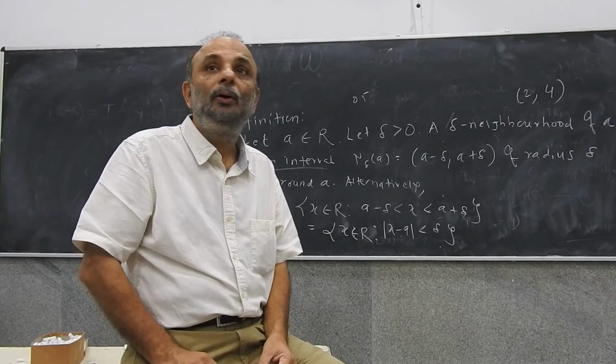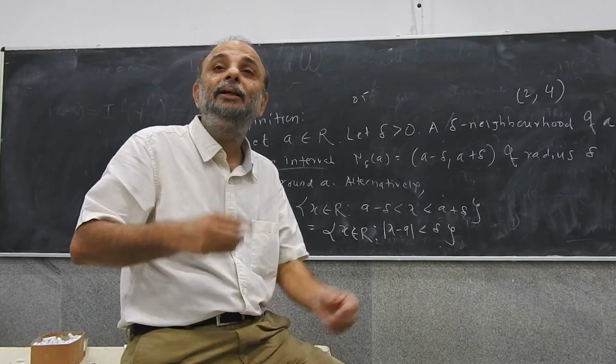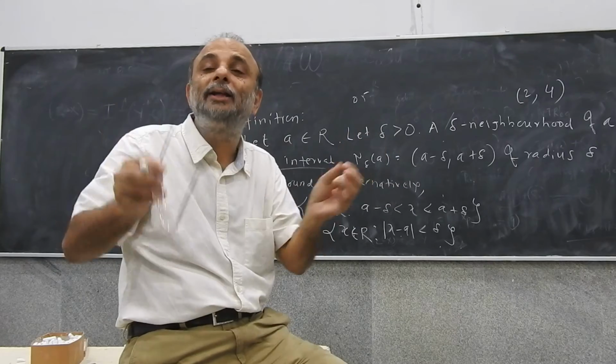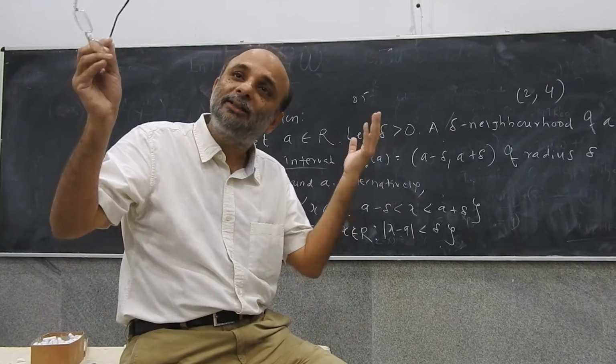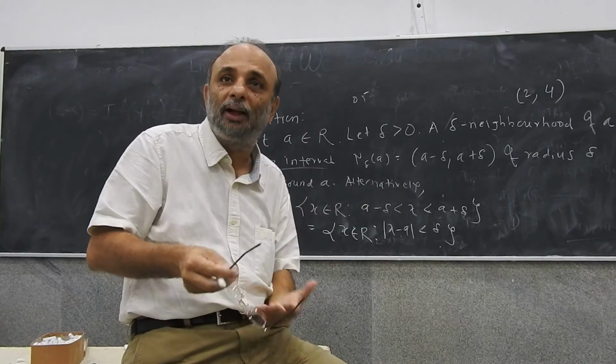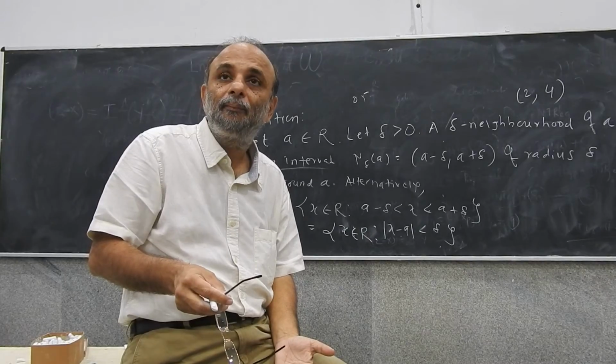So what is X then? X is a set of all points. X is not one number. X is just any point which satisfies that requirement. So X is all points in the neighborhood.